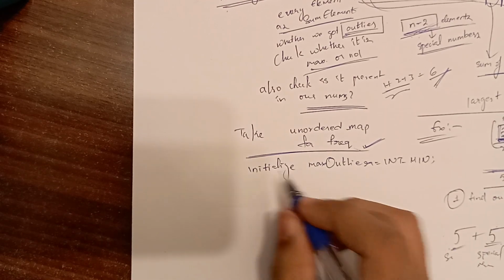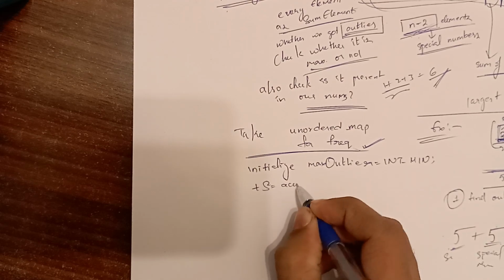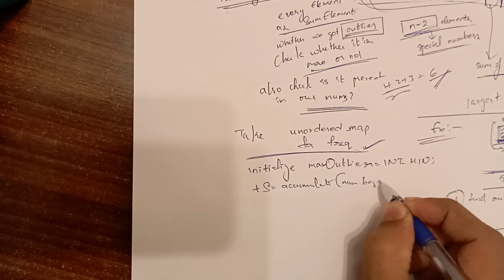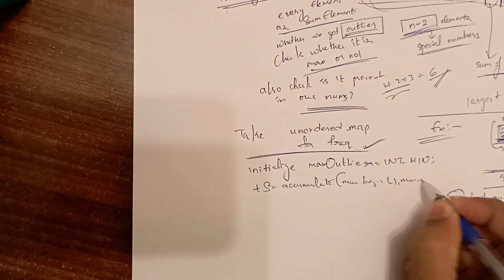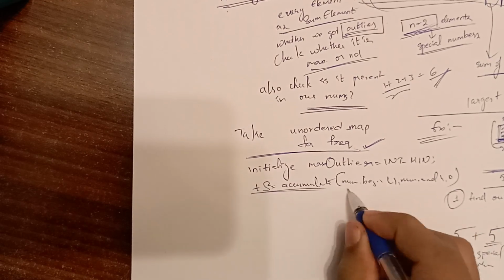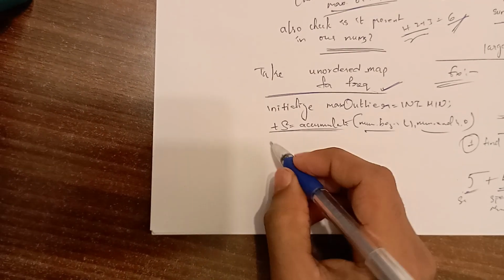As I said, the total sum will be calculated initially. Total sum is equal to accumulate nums dot begin comma nums dot end comma 0. This will give us the total sum of the nums.